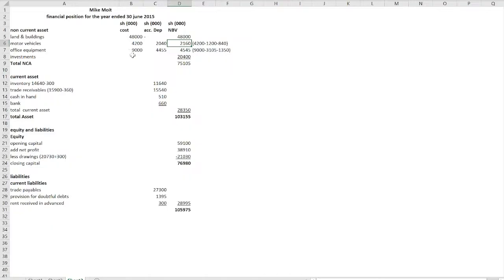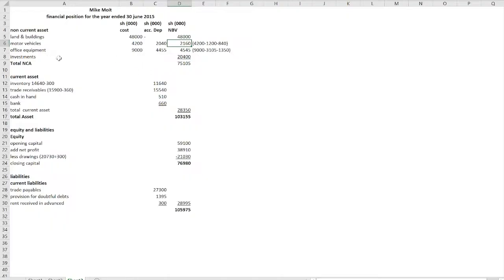Then you also have the office equipment, which is 9,000. Accumulated depreciation was that 3105 prior plus now 1350 for this year to get 4455. So when you less, you get 4,555, as you can see.